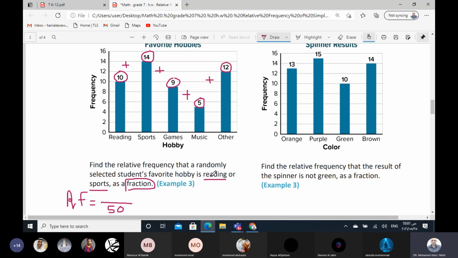Then we need reading or sports. So take the first two bars here, 10 plus 14, which will be 24. And we need the answer as a fraction, so we can write it in simplest form here.